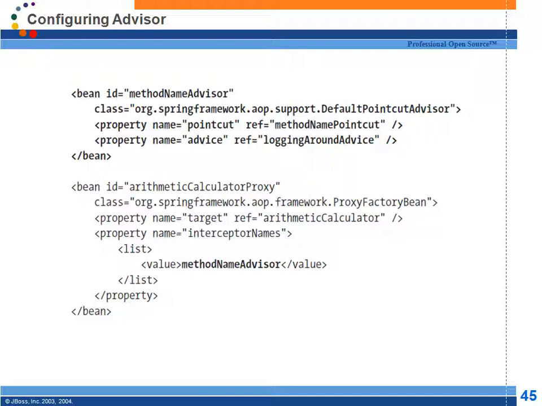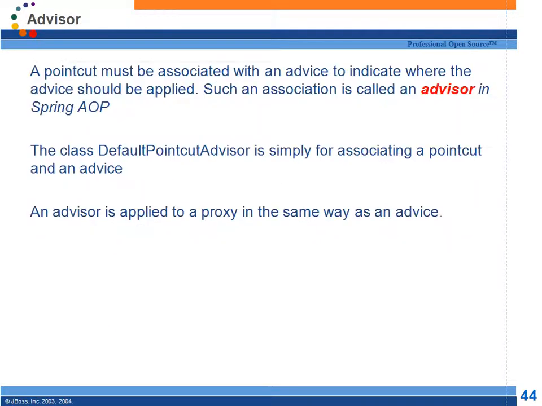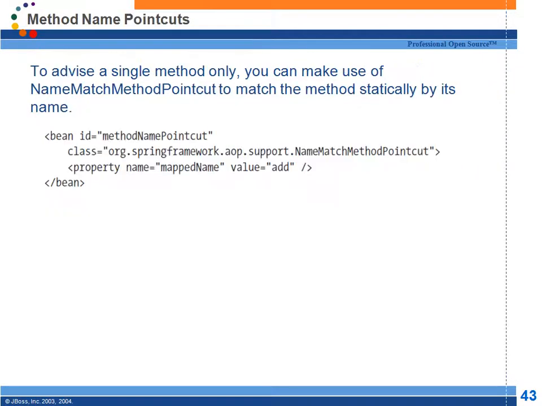Then this advisor is applied as an interceptor. Previously I applied the advice as an interceptor, and then it was advising all the methods. Now if I apply this advisor as an interceptor, what methods are advised? Only the add method, because this pointcut is defining only add.